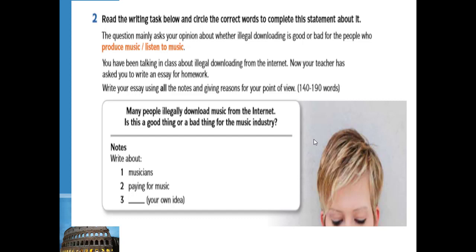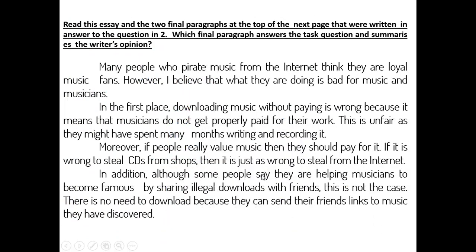Can you guess? Alright. Illegal downloading is good or bad for the people who... What is your answer? Okay, the answer should be produce music.